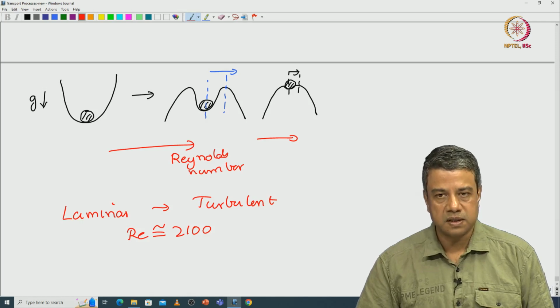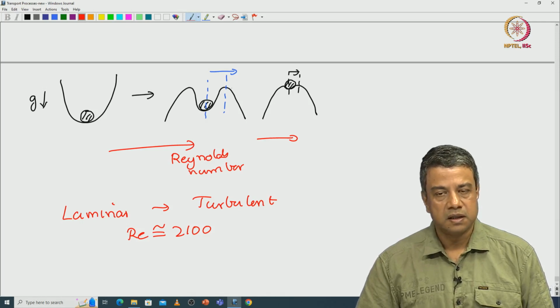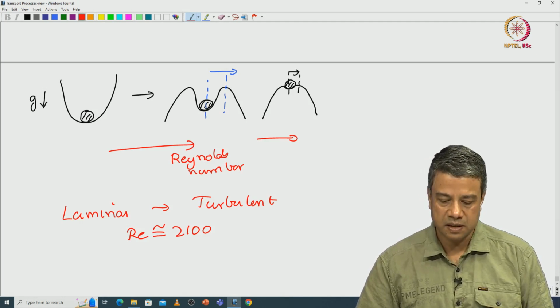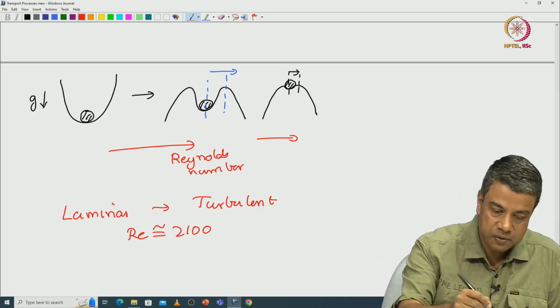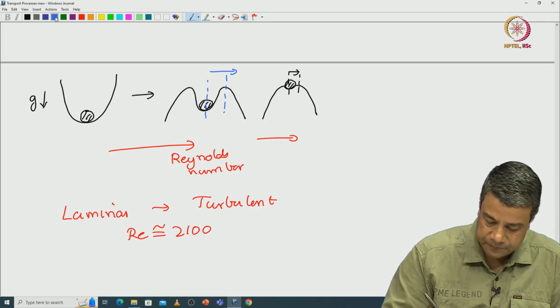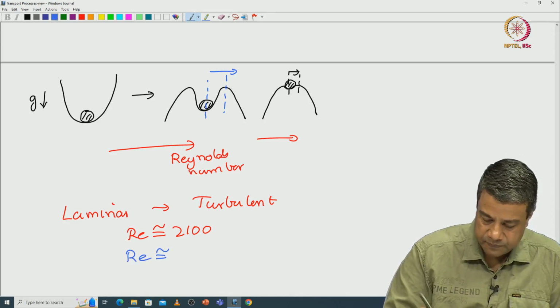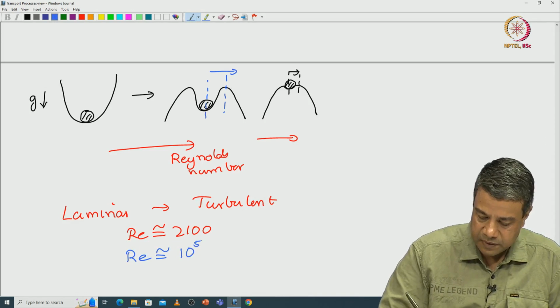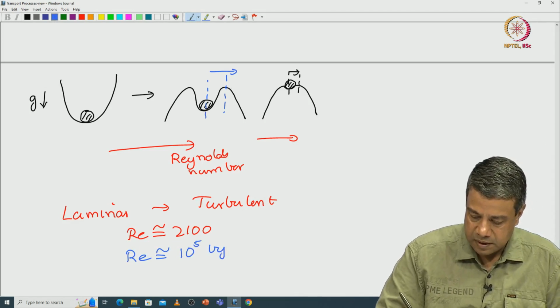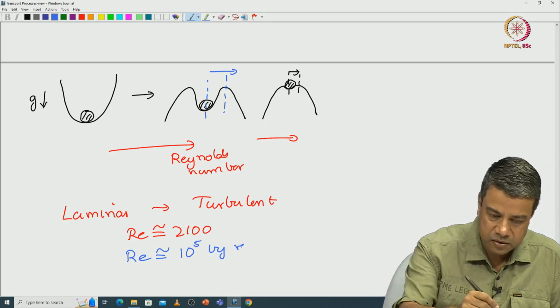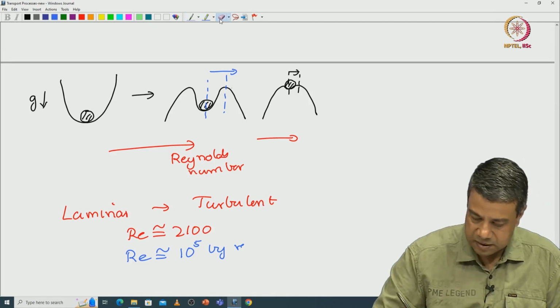And when you reduce disturbances in the environment, the flow can be maintained in the laminar state at Reynolds numbers of up to 10 power 5, by reducing disturbances.